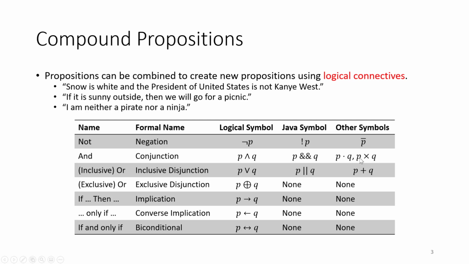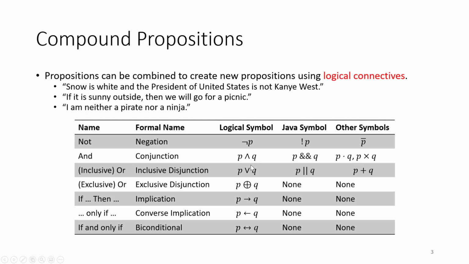So sometimes we use the dot or the times, the x. And then or sometimes also corresponds with plussing, so addition, so we might use plus. And then you might see negation as a bar written as well.